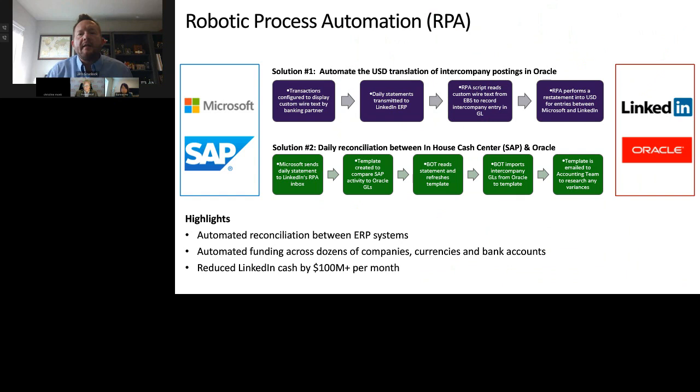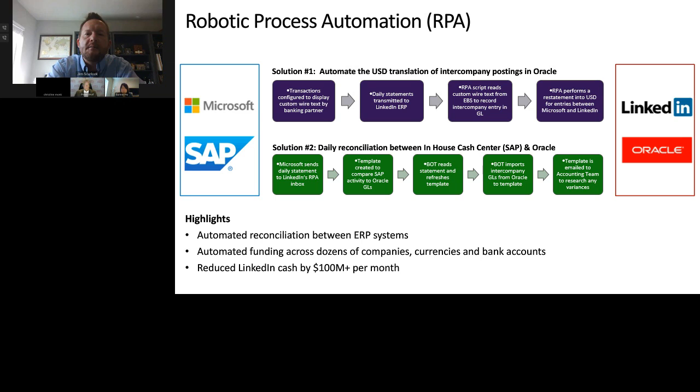The other thing I want to highlight here is some RPA processes that we started implementing as well. This is an example that we did with LinkedIn, where the key takeaway is the fact that we were on SAP and LinkedIn was on Oracle.